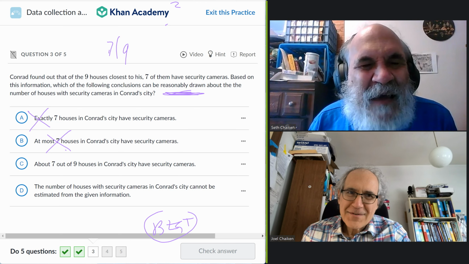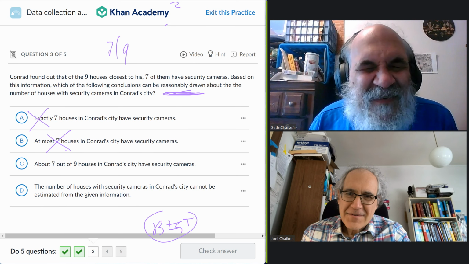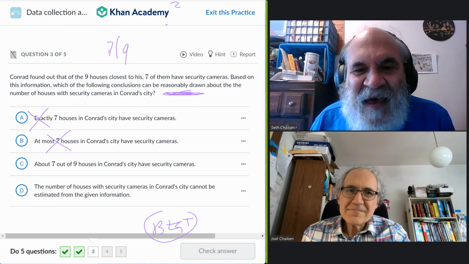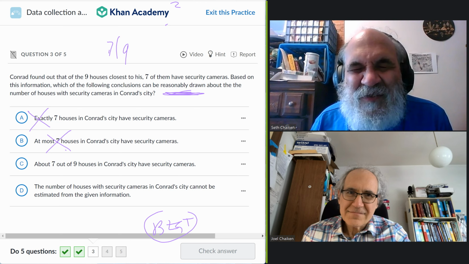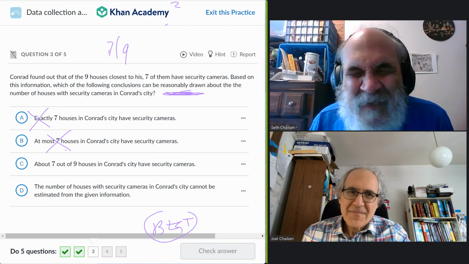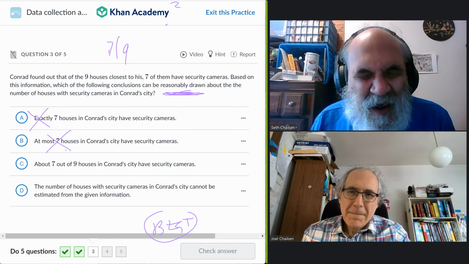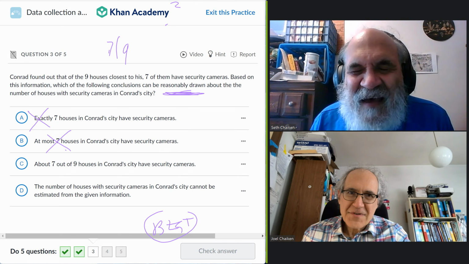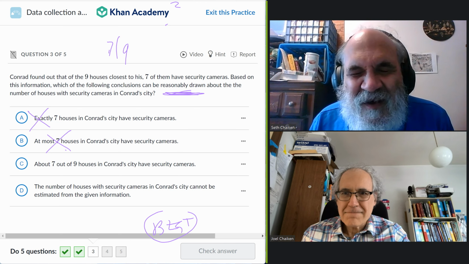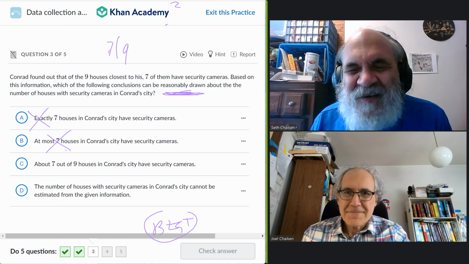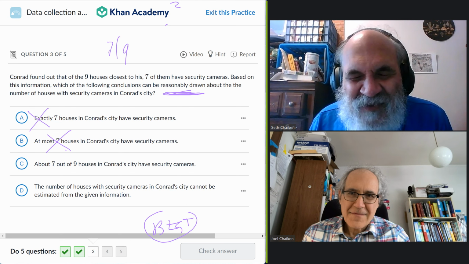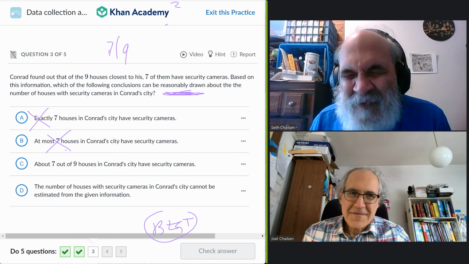Well, at most, it's the same thing, because he observed 7. Okay, and then if based on the faulty assumption that there are no others besides the ones he observed, then the false assumption leads to the false conclusion that there are exactly seven, and being exactly seven, it's also true that there are at most seven.